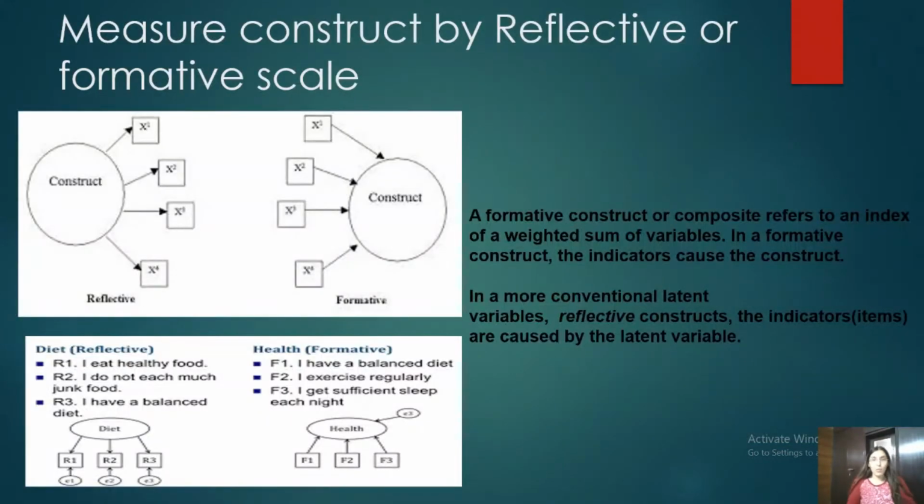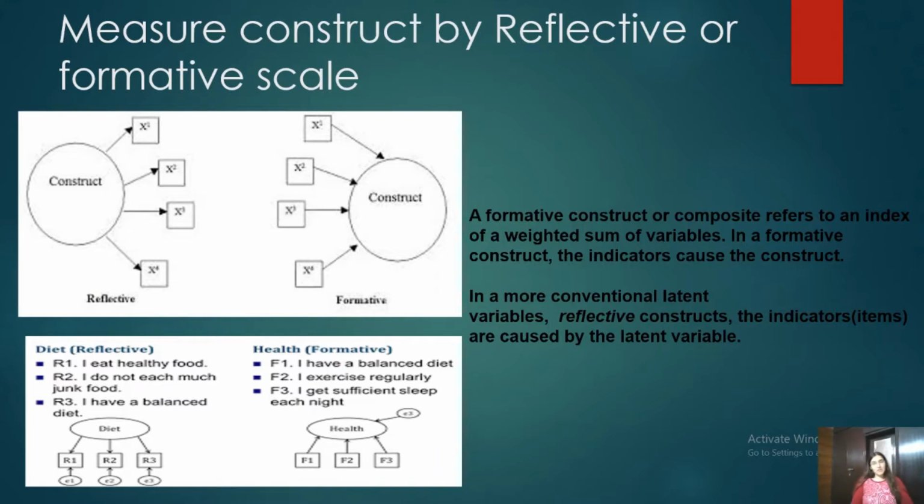Measurement of a construct. Now this huge circle that you see, if you've attended a SEM or PLS-SEM workshop, you must have seen this huge circle and then these small little squares. This huge circle is called a construct or a latent variable. But these four things are nothing but items.